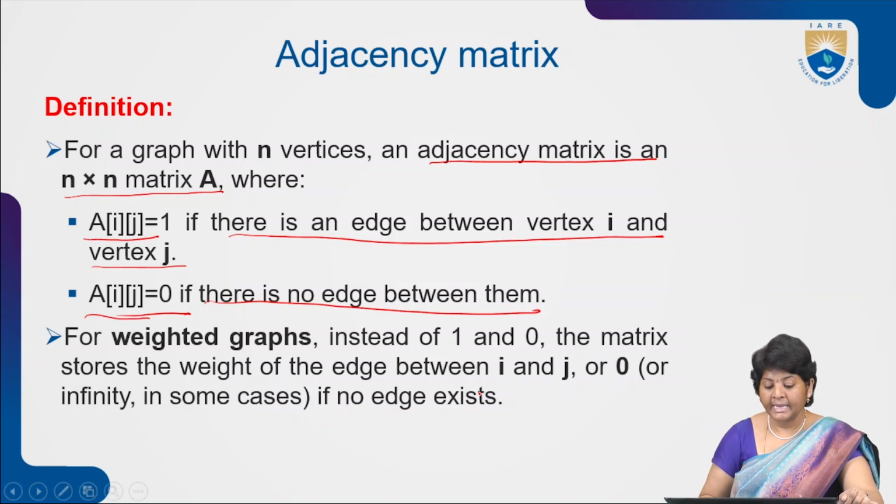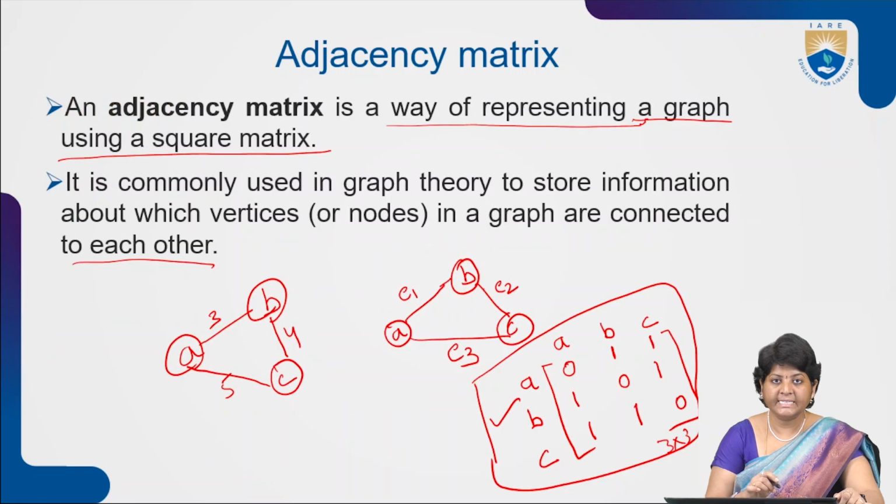That is, in our previous example, if there are no weights, then we are directly taking 1 if the connection is established. If there is no connection, then we are marking it as 0.